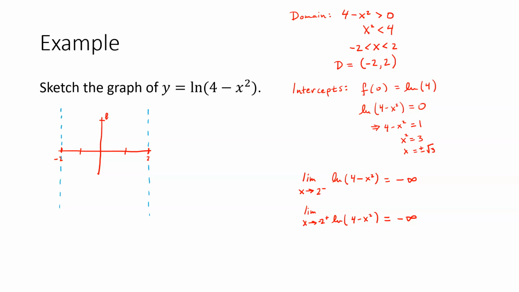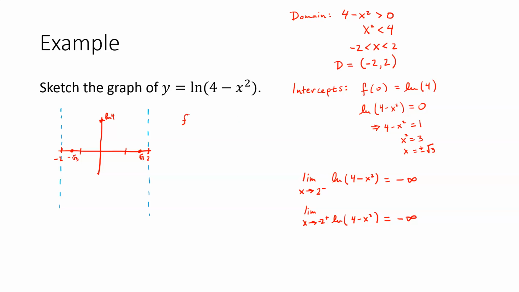Let's see, we have ln of 4 as our y-intercept. We have the x-intercepts at radical 3 and negative radical 3. And one other thing we can check is on what intervals it's increasing or decreasing.